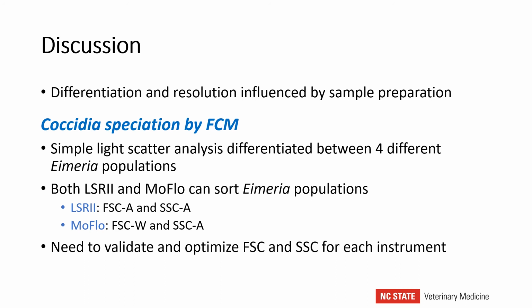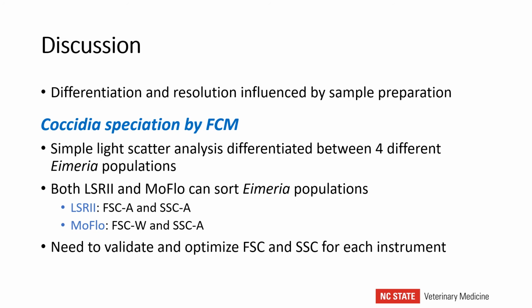Flow cytometry was successful in speciation of 4 Coccidia species from non-cocktail and field samples, without more complex procedures such as antibody labeling or dye staining.